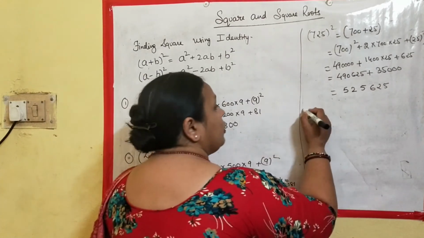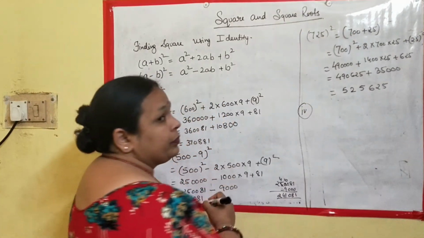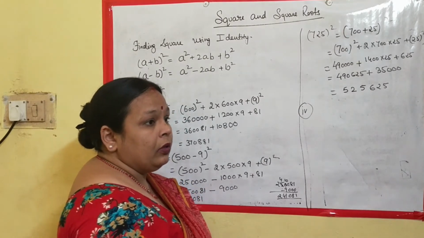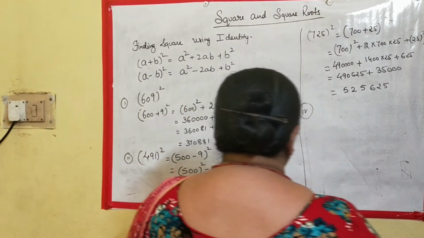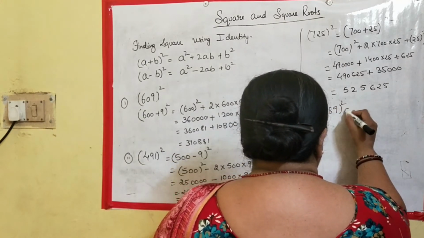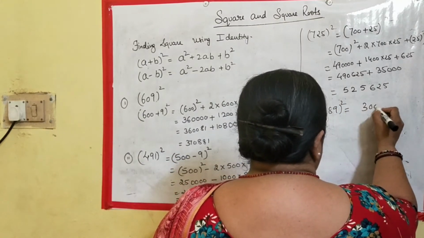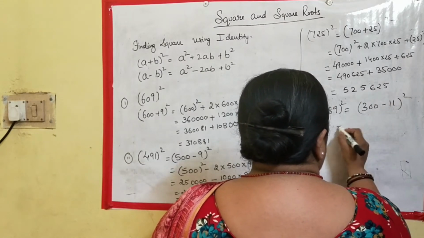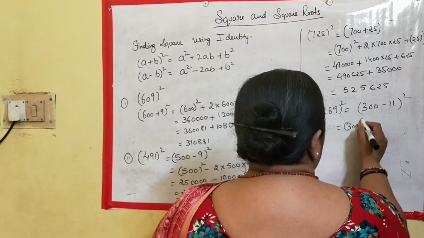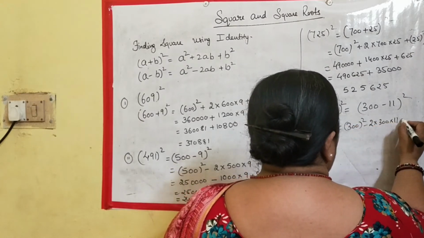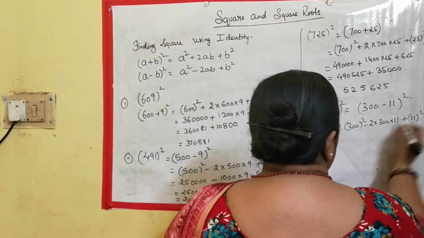Now moving for the fourth one. When we move for the fourth one, the next number taken is 289 whole square. Now 289 is 300 minus 11 square. Here it is 300 square minus 2 into 300 into 11 plus 11 square.